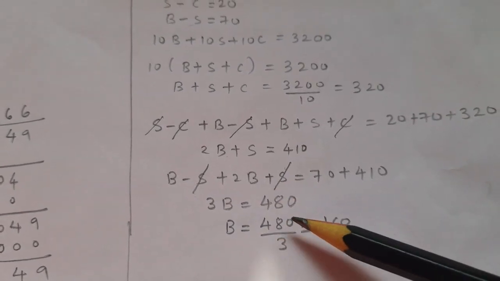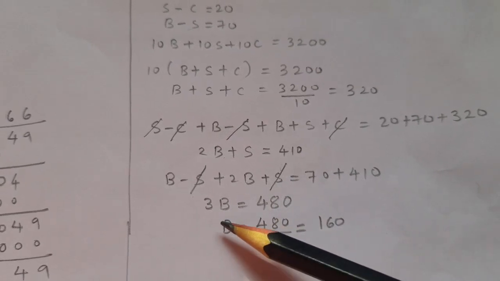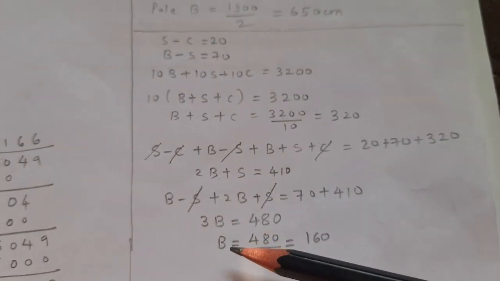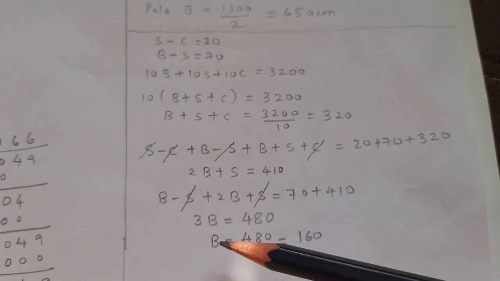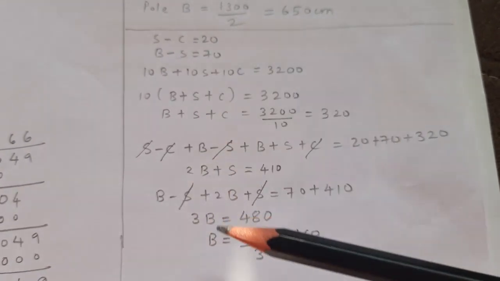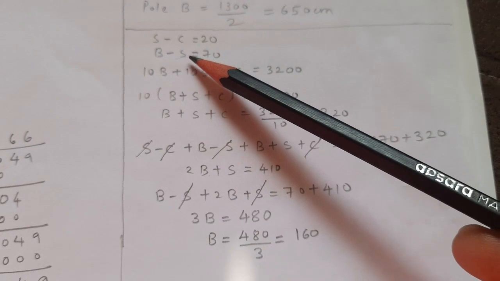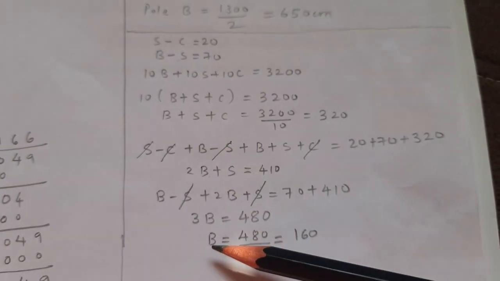So b is equal to 480 divided by 3, 160. Okay, we have got the value of one variable. So now we have got b, which is big cube. But there is no equation to directly find out cylinder using b. So let us find out value of small cube using this equation, because we have got b.